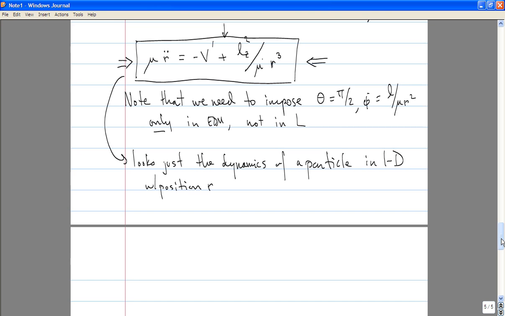In particular, I could write this equation as mu r double dot is equal to minus V prime effective, where V effective is some sort of new potential called the effective potential, which is the potential that would be felt by this one-dimensional system.